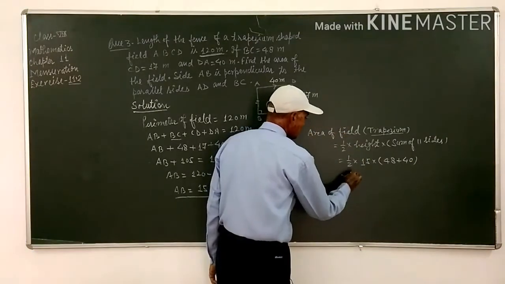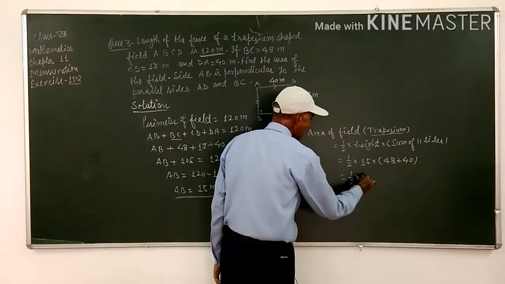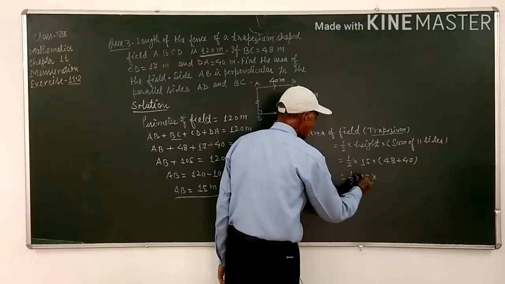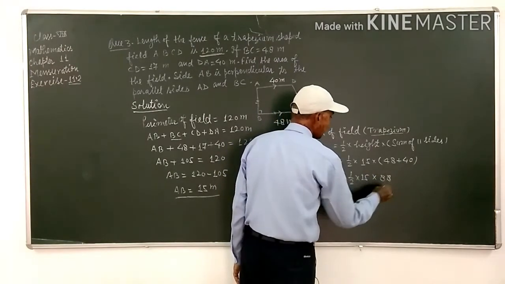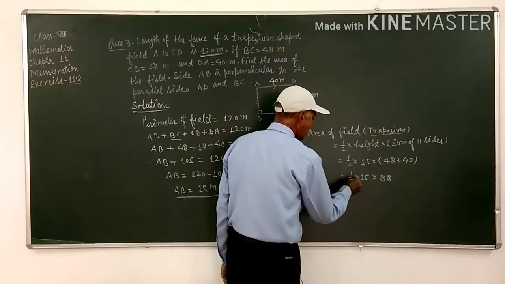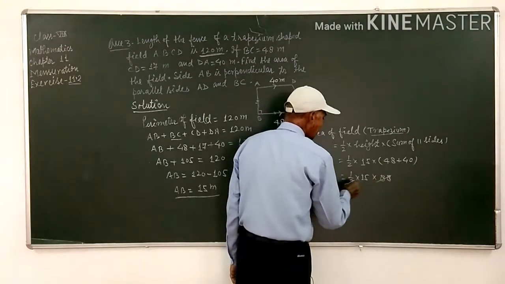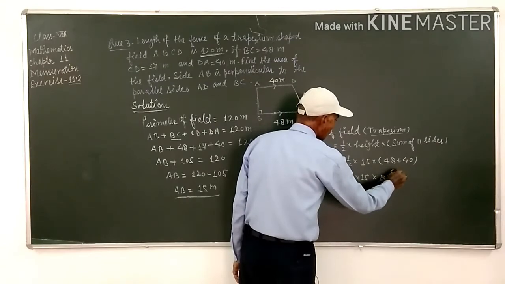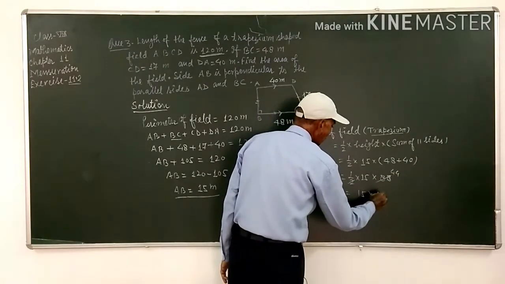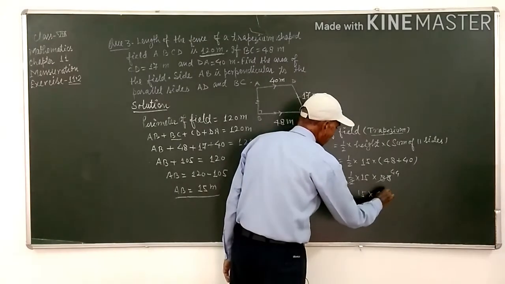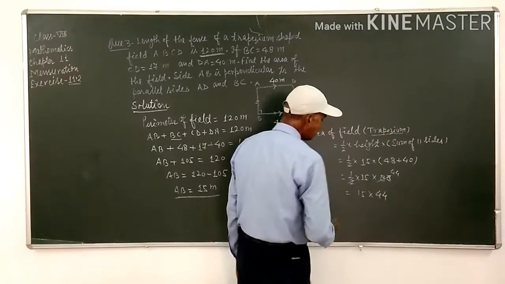Clear students? So 1 by 2 into 15 into 48 plus 40, that is 88, and dividing this 88 by 2 gives 44. So 15 into 44. Clear student?